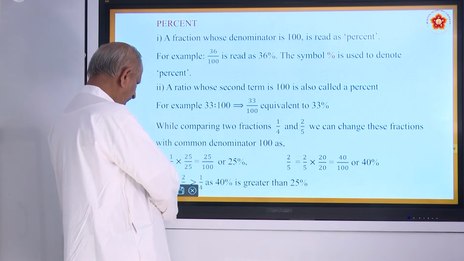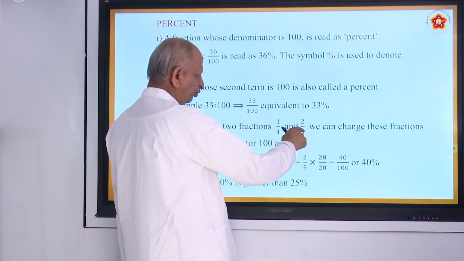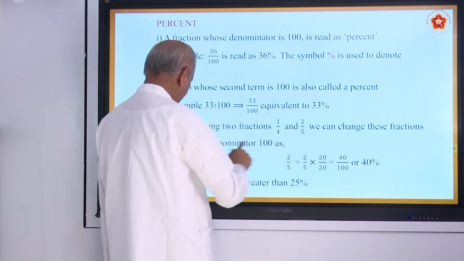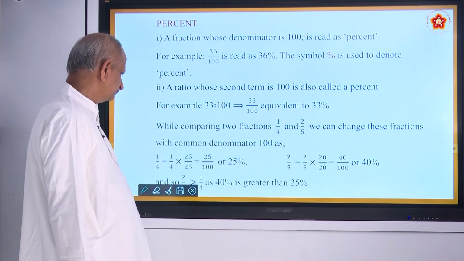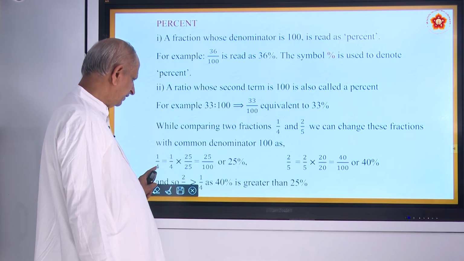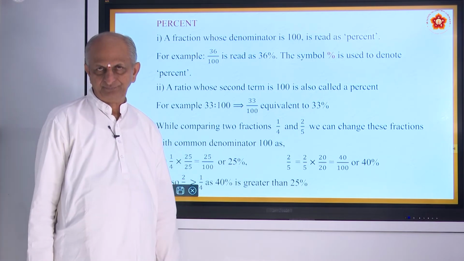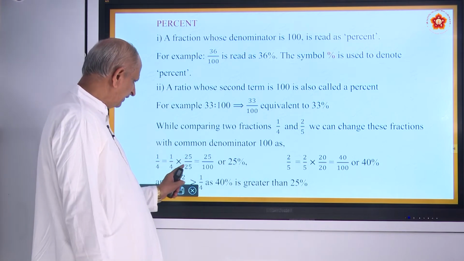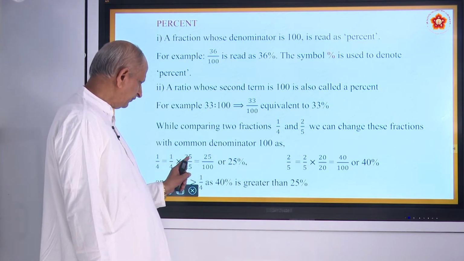Similarly, while comparing fractions 1 by 4 and 2 by 5, we can change these fractions to a common denominator of 100. So 1 by 4, how to make the denominator 100? You have to multiply by 25. Multiply the denominator by 25, and the numerator also must be multiplied by 25.